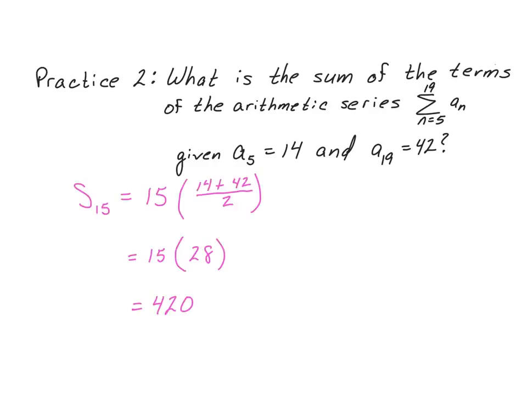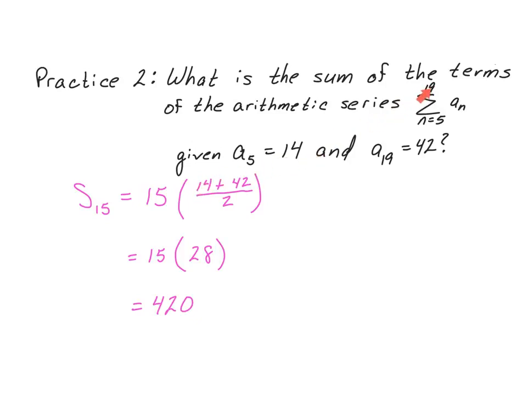Okay, so on this problem, we had this series right here, which starts with n equals 5, going up to n equals 19, which means a sub 5, since this is your first value that you plug in, a sub 5 is the first term in this series. And a sub 5 is 14, so that goes here.